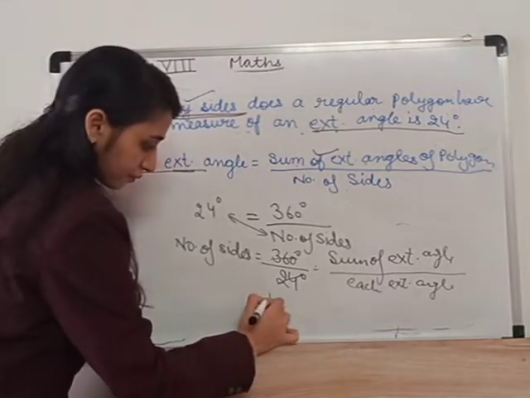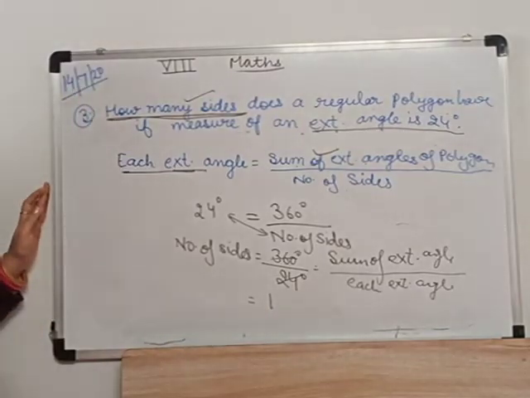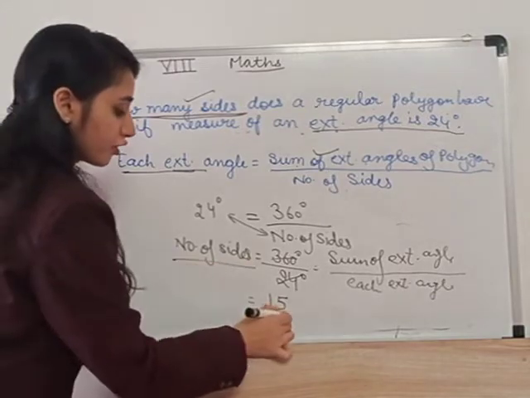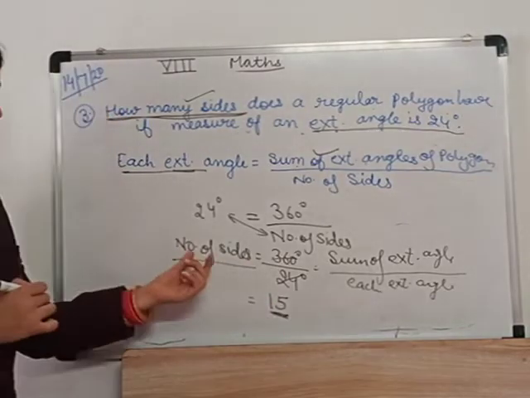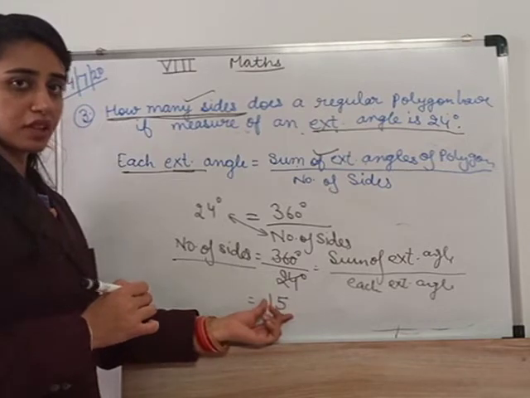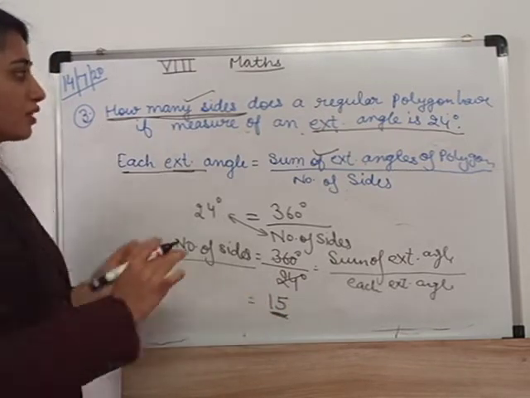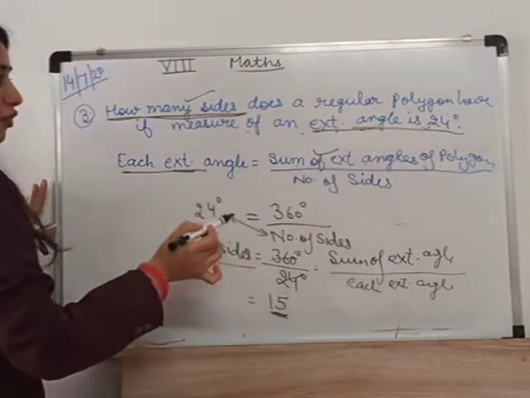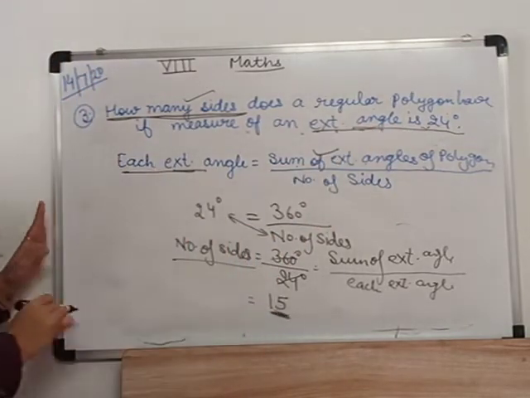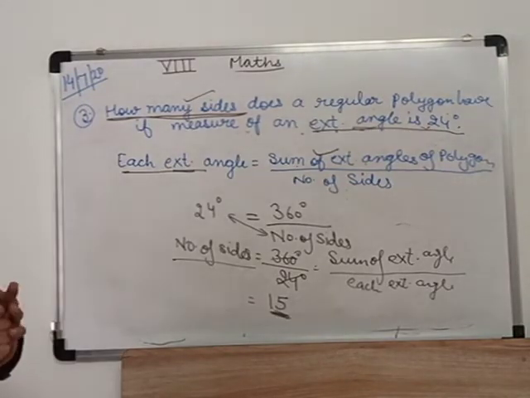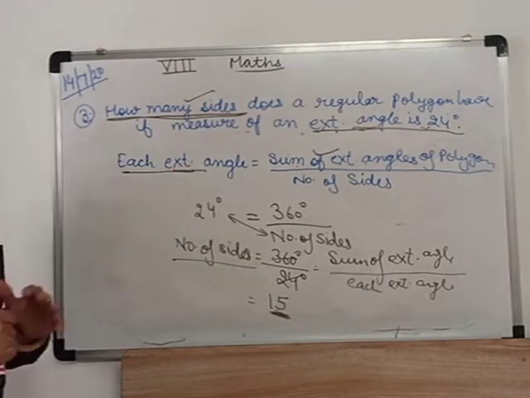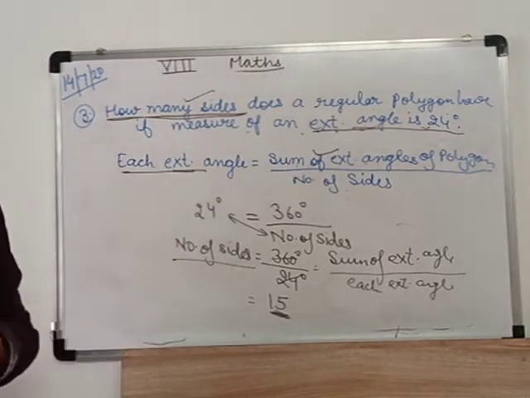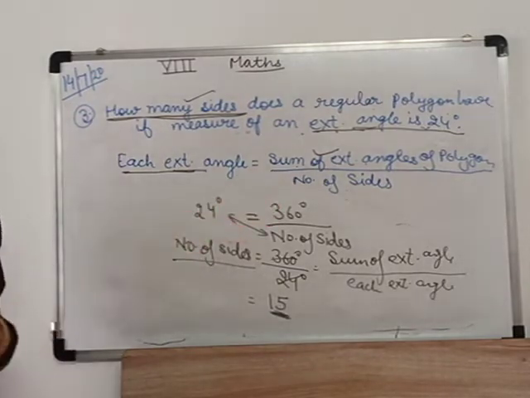Now it becomes 15. The number of sides is 15, not in degrees. Number of sides isn't written in degrees, only write 15 sides. Means the polygon with an exterior angle of 24 has 15 sides. Like this way we can find the number of sides or each exterior angle, by using the sum of exterior angles of a polygon.